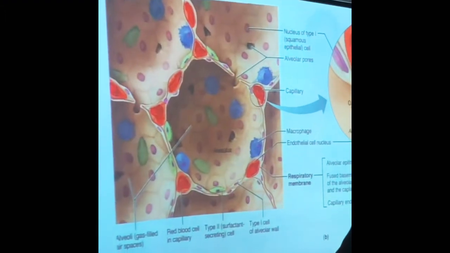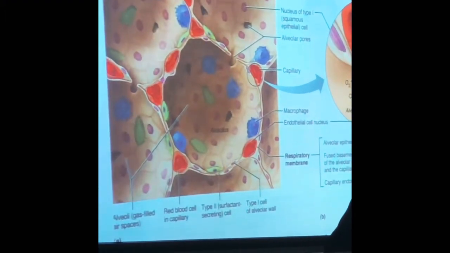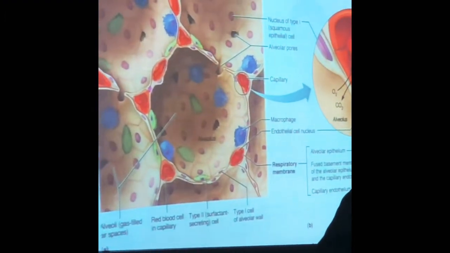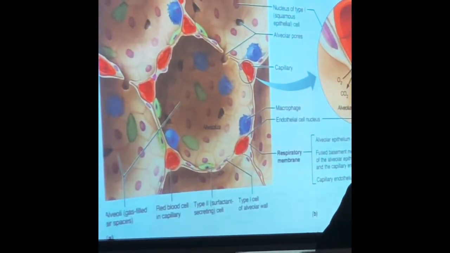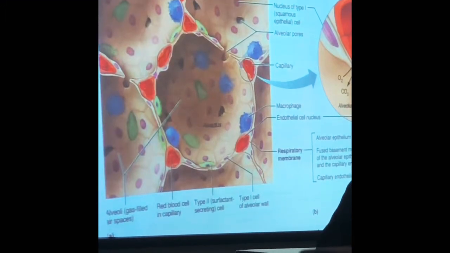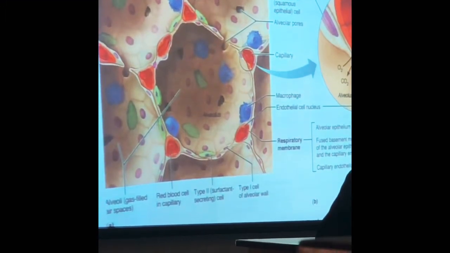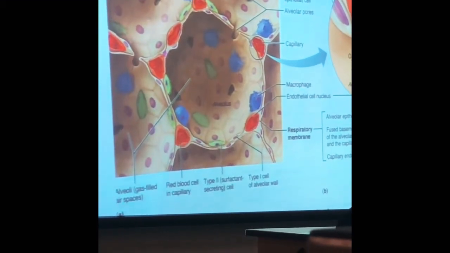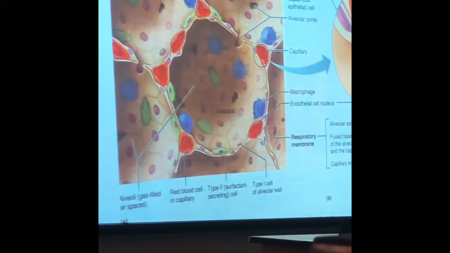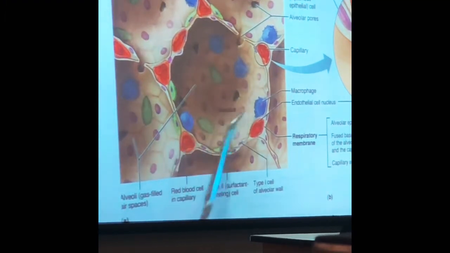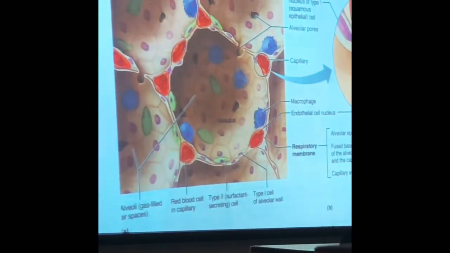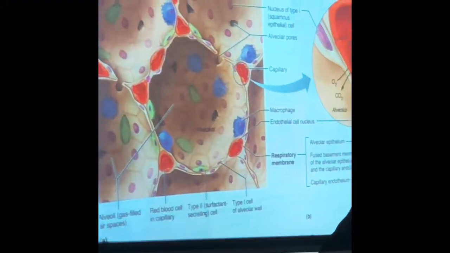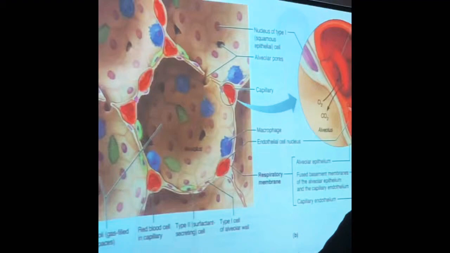This cartoon drawing is of an alveoli. This is where respiration takes place. Bringing air into your lungs from the outside, because the lungs expand, that creates negative pressure. Bringing air down to the lungs is called ventilation. Once we bring the atmospheric air into the alveoli, now we get an exchange of gases. That's respiration.